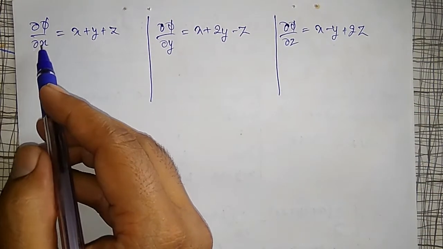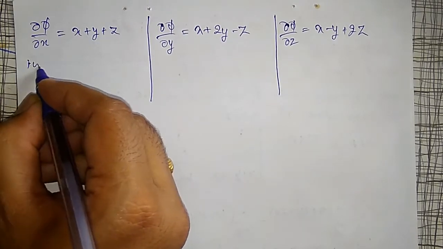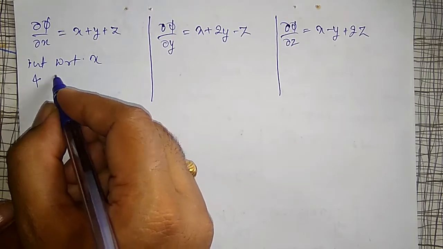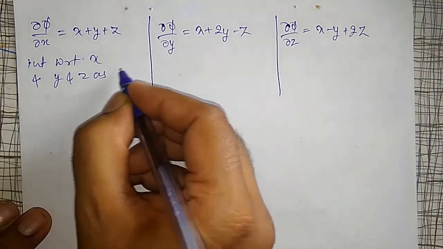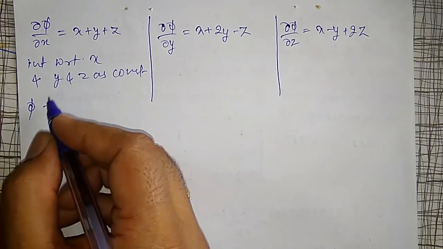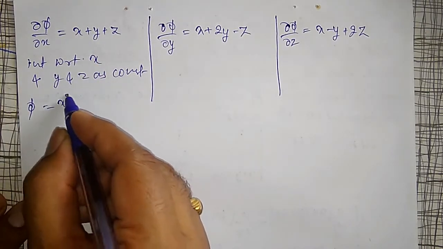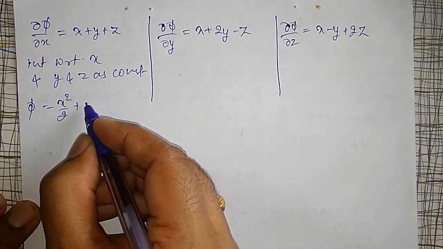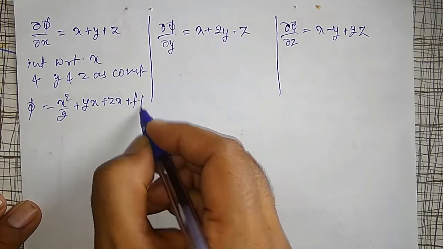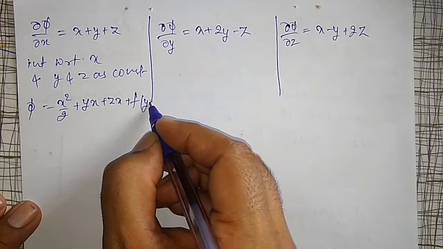Now to find phi, let me integrate with respect to x, treating y and z as constants. Therefore phi is equal to x square by 2 plus yx plus zx plus some function of y comma z.